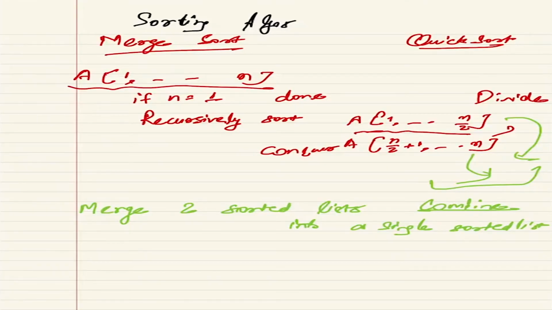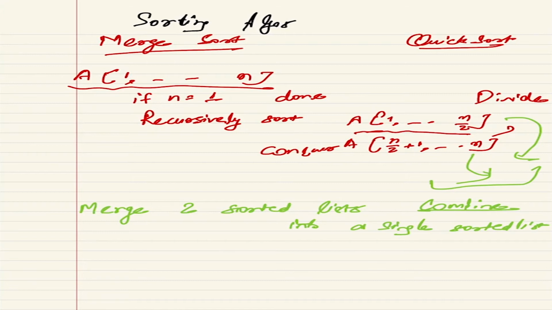And you can very quickly write a pseudocode if you want. The main program is very easy. You have to call merge sort twice, and finally you have to merge the outputs. That's all you have to do in the main function.